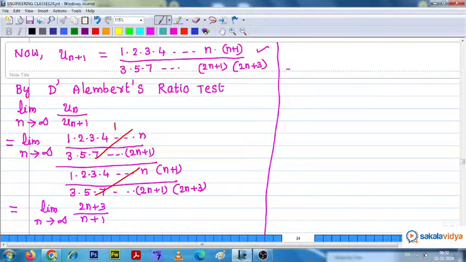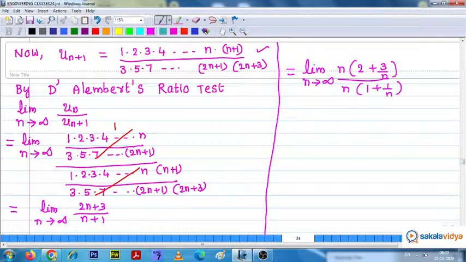So, now this equals limit n tends to infinity, take n common. If you take n common, 2 plus 3 upon n, divided by, let us take n common, we get 1 plus 1 upon n. So, n got cancelled.